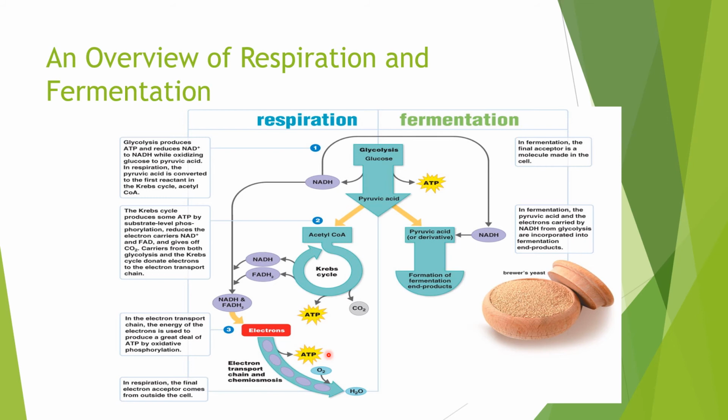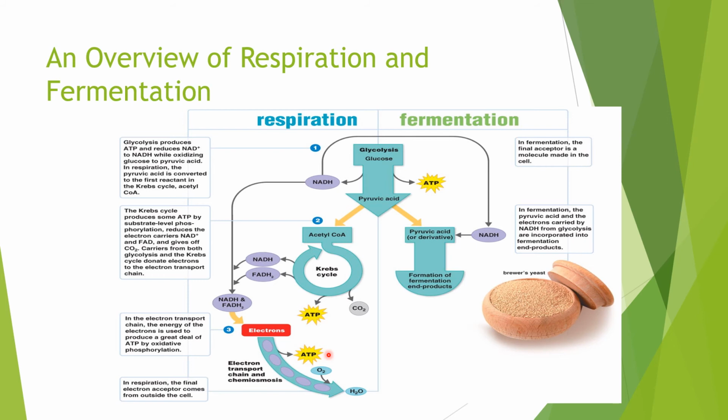And so 28 ATP molecules are going to be produced during the electron transport chain. So 2 from glycolysis, 2 from Krebs, and 28 ATP from the electron transport chain. So as you can see, the electron transport chain is extremely important in the production of ATP.